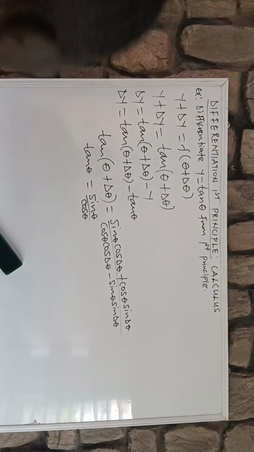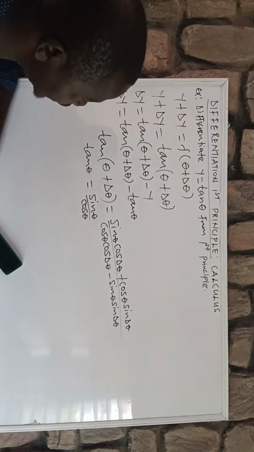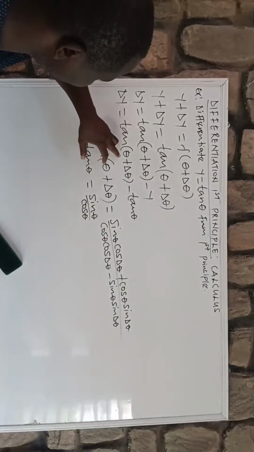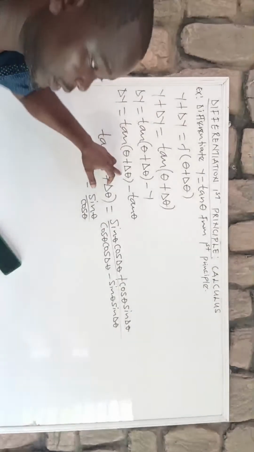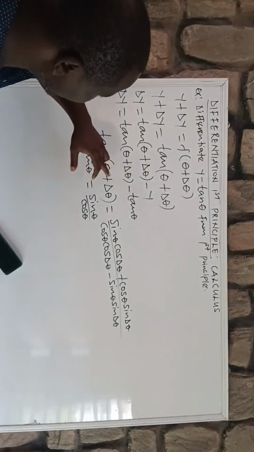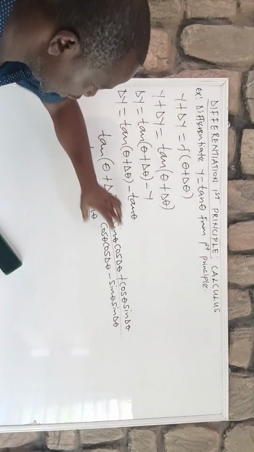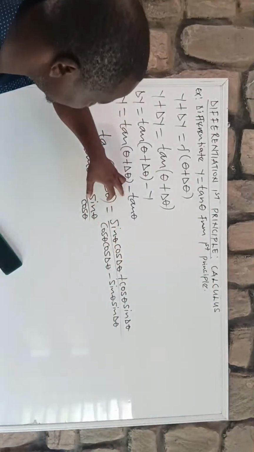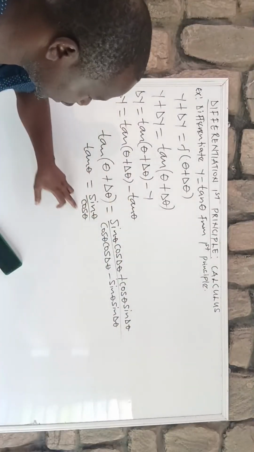So far, so good. It means instead of tan open bracket theta plus increase in theta, you are going to write this, then instead of tan theta here, you write sin theta all over cos theta.